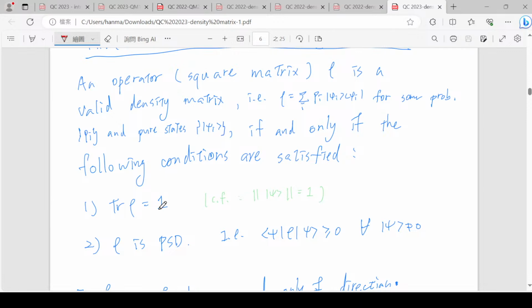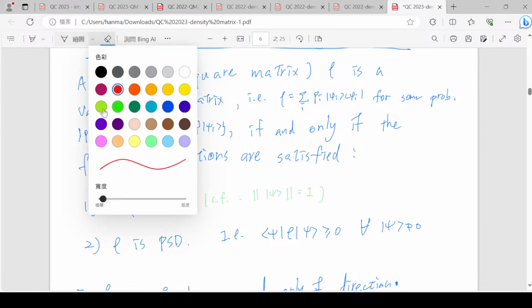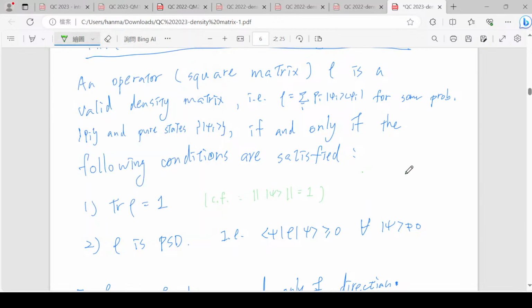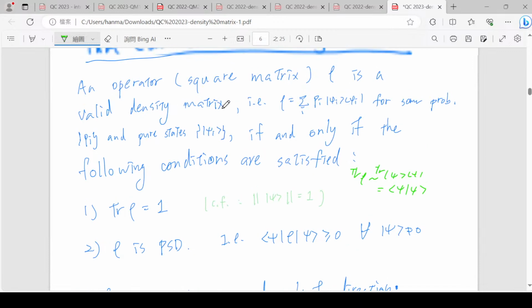You can see it's the same because rho is like |psi><psi|, and trace of rho, using cyclicity, is <psi|psi>, the inner product with itself, which is the norm squared of your vector. So those are the two conditions.